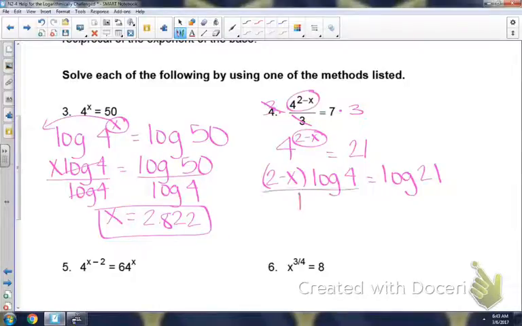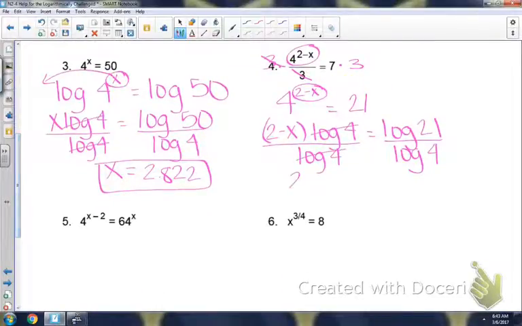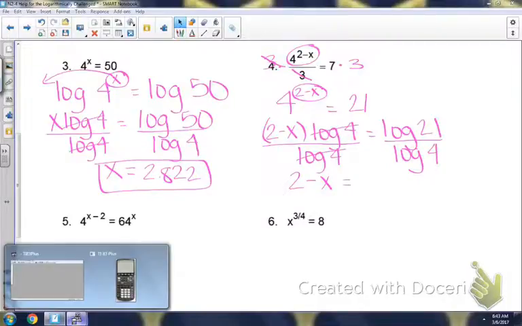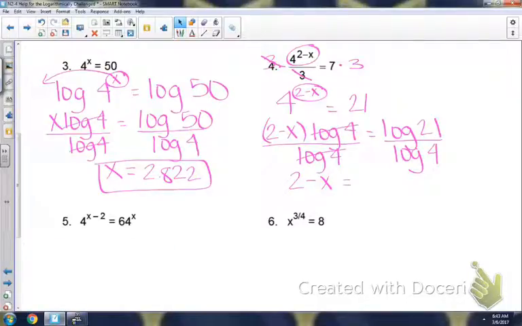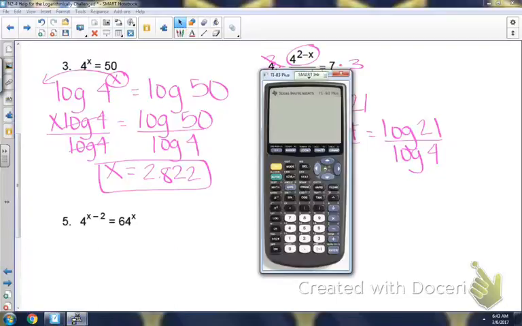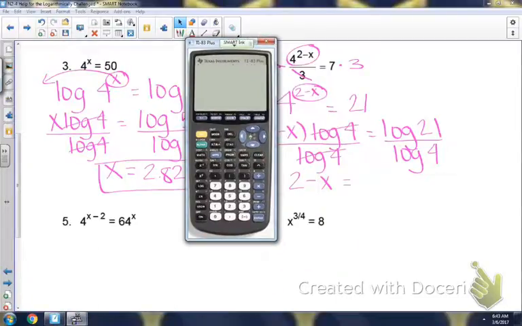So I'm dividing by log of 4. So we have 2 minus x equals log of 21 divided by log of 4.